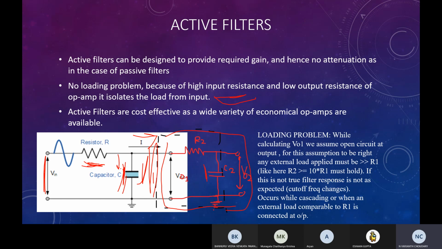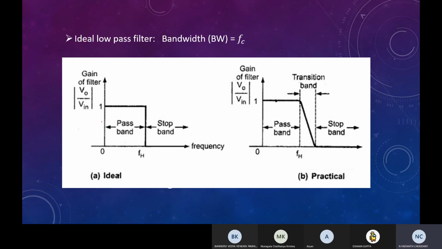We don't want that. That is called the loading problem. To solve that problem, we use active filters. And these are also economical and effective. So we'll see the comparison between passive and the ideal filter.